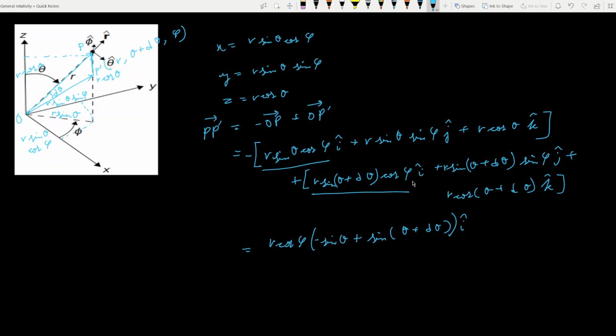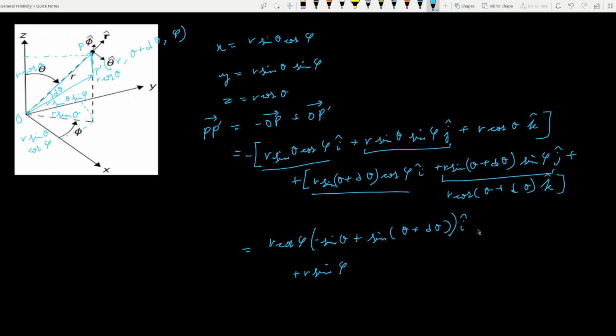Now let's take common r sine phi. We have our sine phi's here and then here.